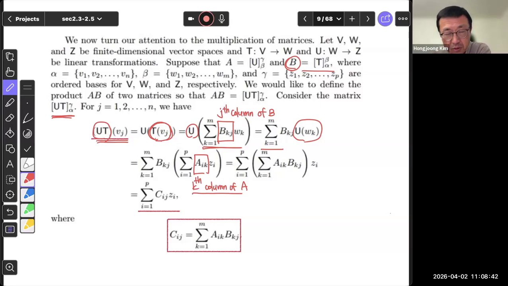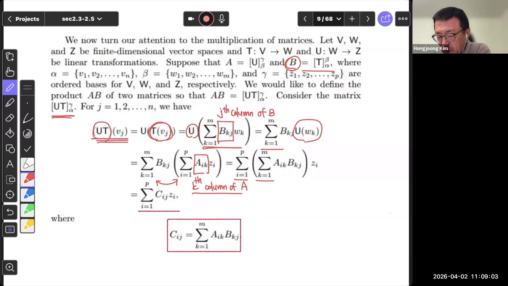Now, since this is two summations, you can switch the summation in K and the summation in I. Then you get two summations in a different order. I just switched these two summations.